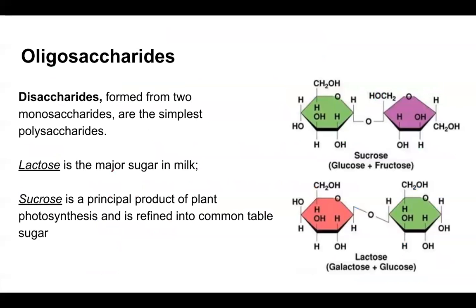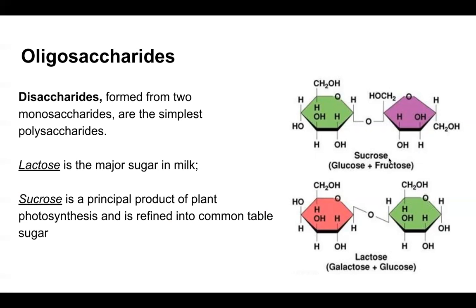Next group of saccharides are oligosaccharides. As we said before, these saccharides formed from two monosaccharides are the simplest polysaccharides. Here shown two molecules of monosaccharides that bind each other and give the form of disaccharides.